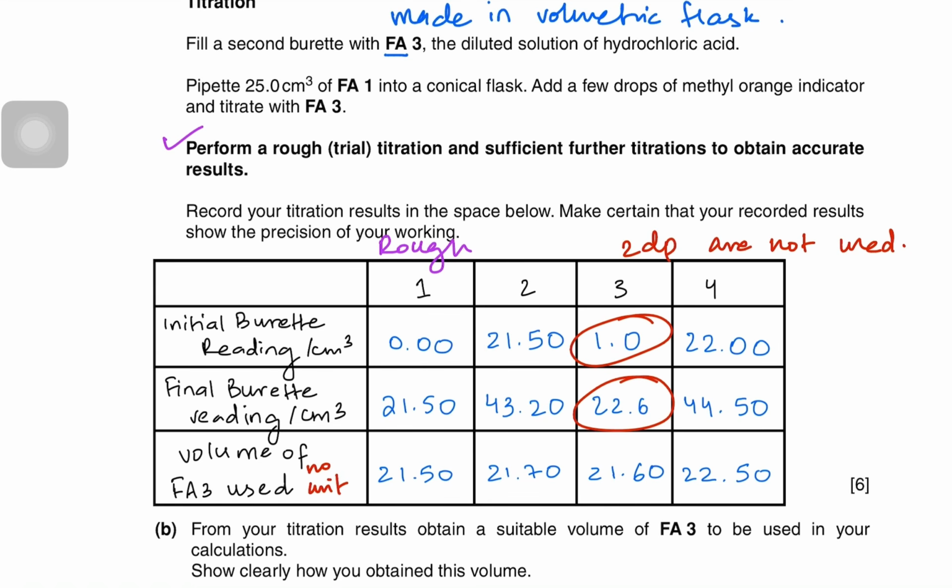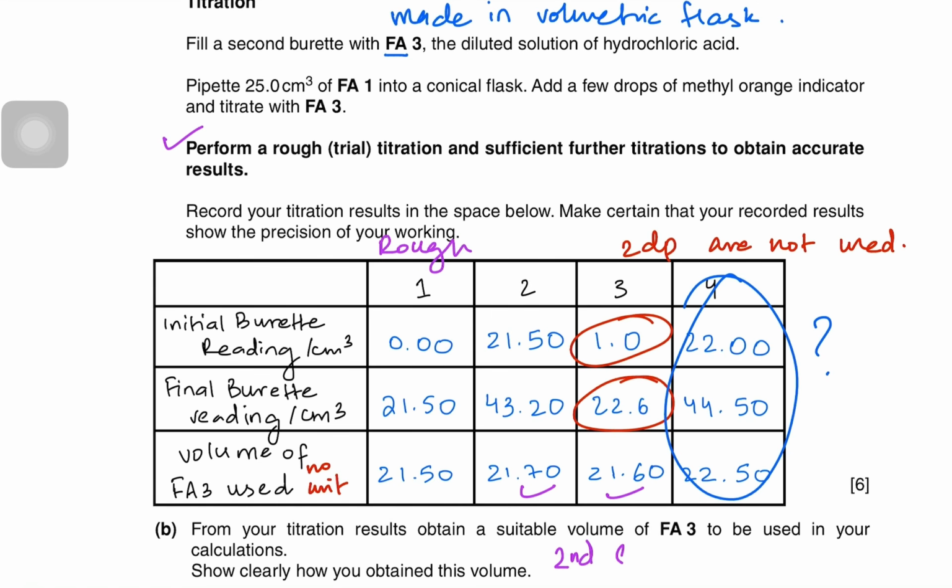You might be like, sir, that's okay. We have already deducted marks for not writing the units and for not using the decimal places. So everything else seems perfect. But there is one error. Why has the student performed the fourth titration? The second and the third titrations were concordant.